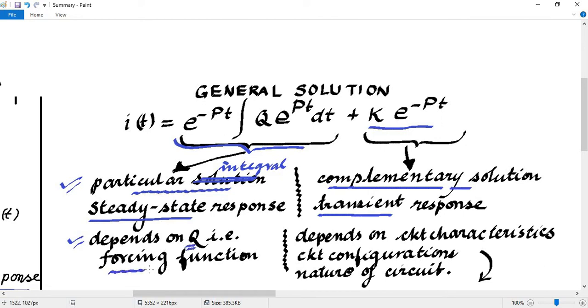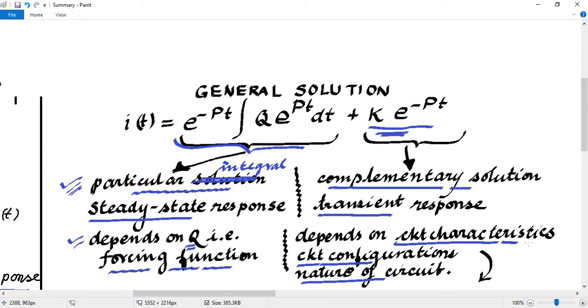Q is the forcing function. So this particular integral depends on the forcing function, whereas the second part depends on circuit characteristics and circuit configurations, the nature of the circuit.